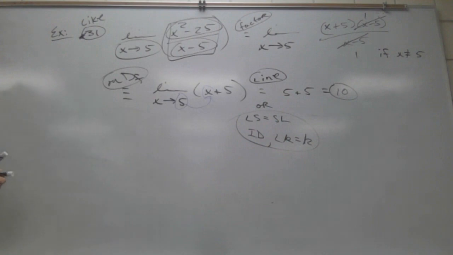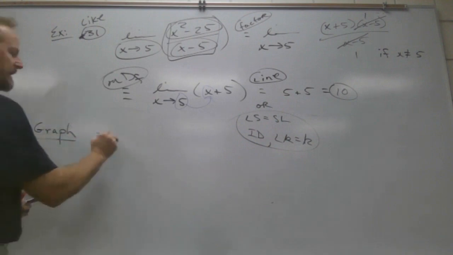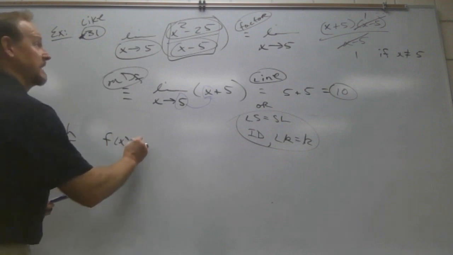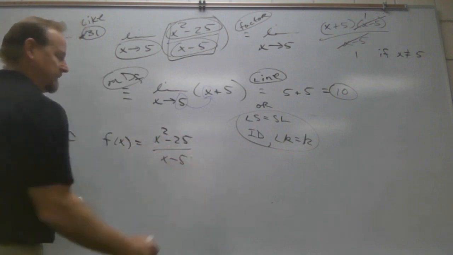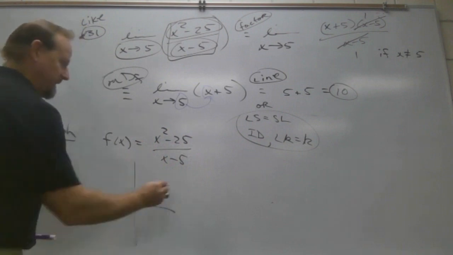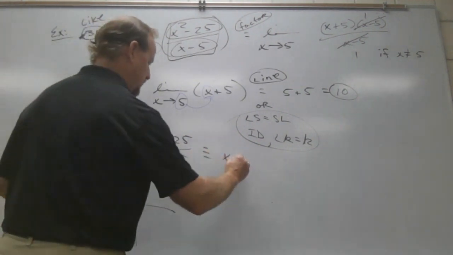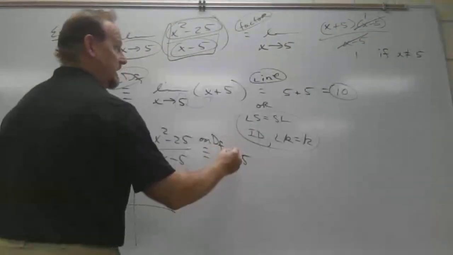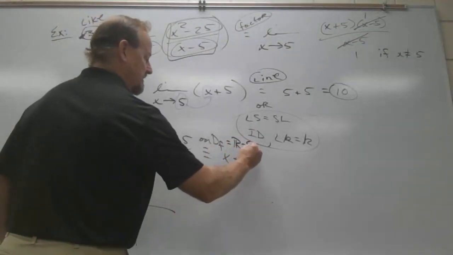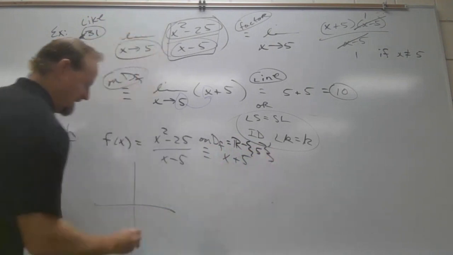So if I were to graph this thing, we did this before too, but I'm going to revisit how we did it. If I'm going to graph f of x equals x squared minus 25 all over x minus 5, what does this look like? This is equivalent to x plus 5 on the domain of f, which is all reals excluding the set containing 5, right?